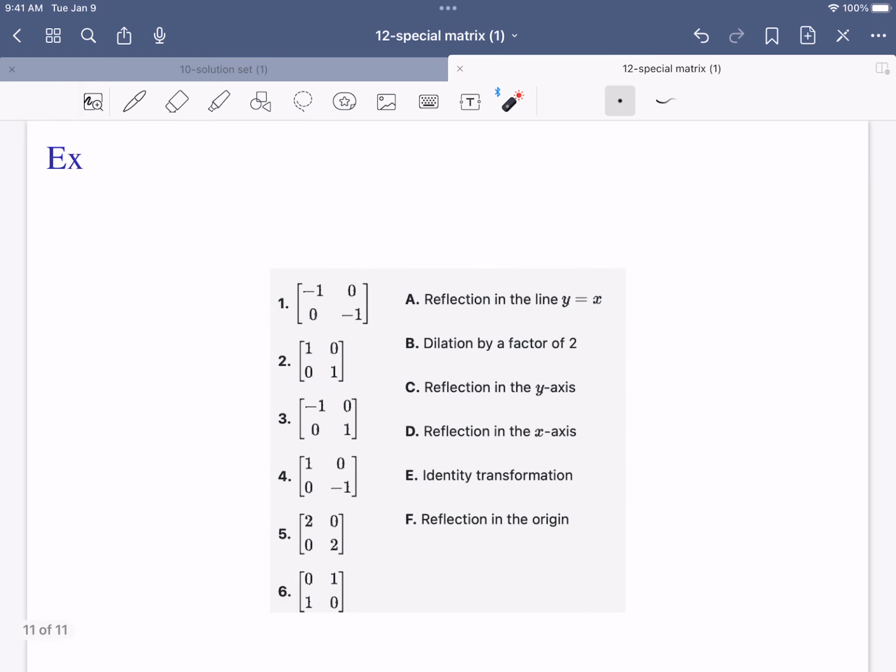All right, with this in mind, this is pretty much everything for these slides, but I want to do one homework problem using what we learned here. So we're going to map the matrix to given transformations. Reflection in the line y equals x. So y equals x is something like this.